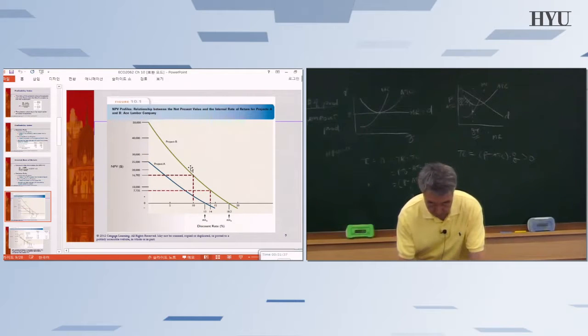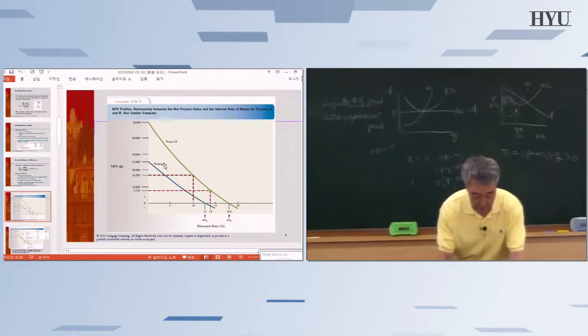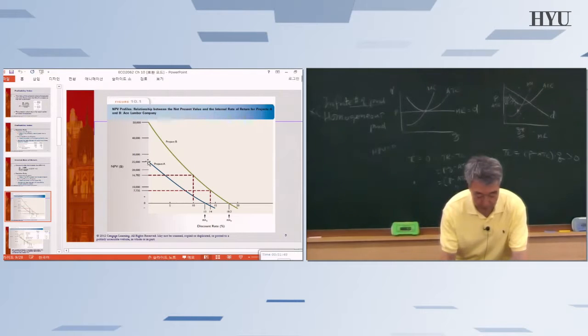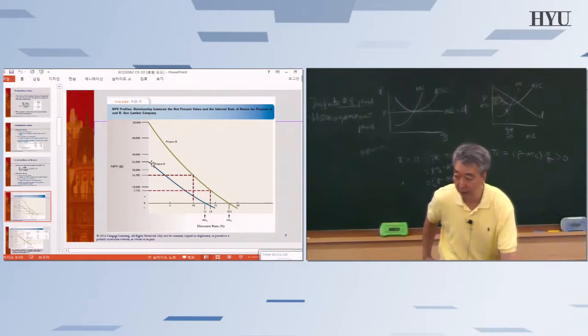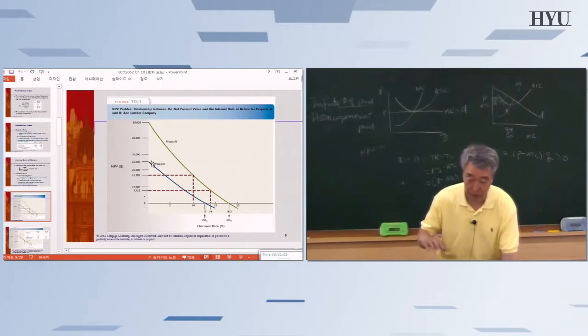As you see here, if the discount rate was 0, then this 25,000 is a completely undiscounted value. Just add up all the future cash flow, and apparently you can borrow money at a 0% interest rate, so the future value is equal to the present value.